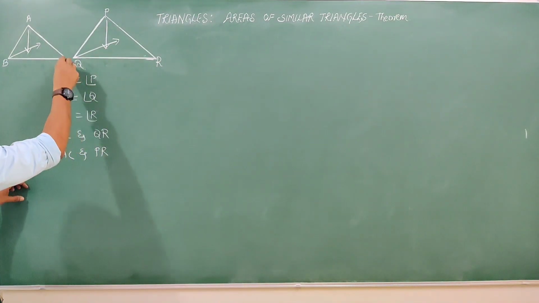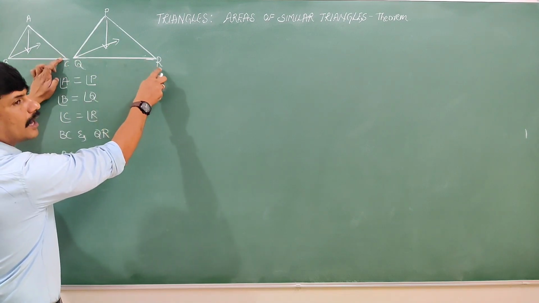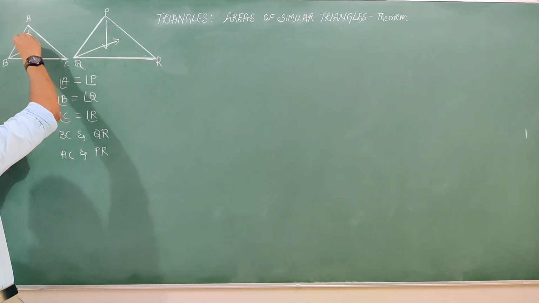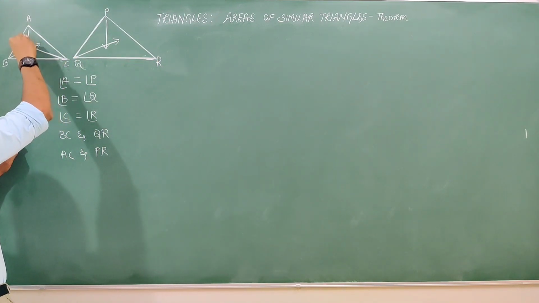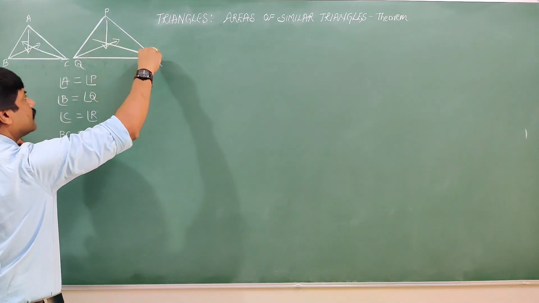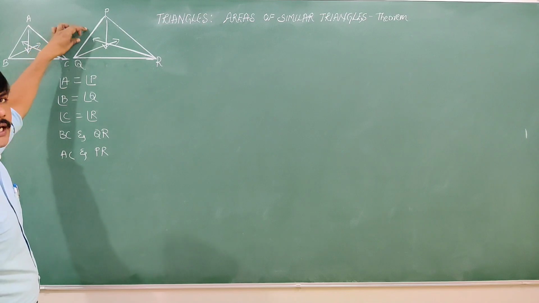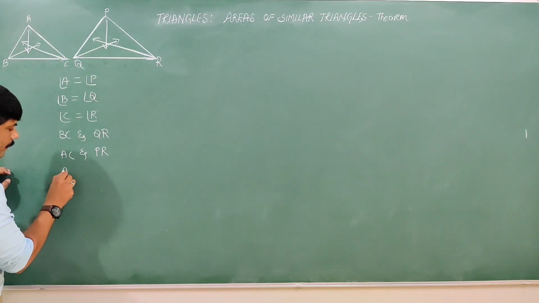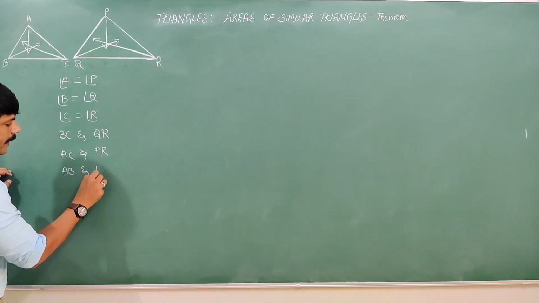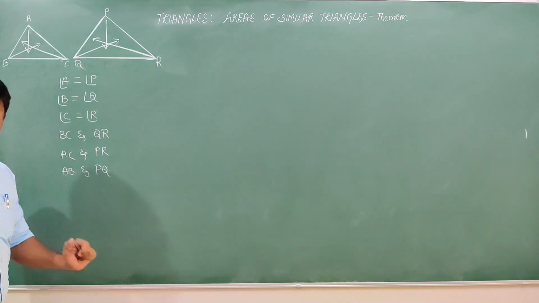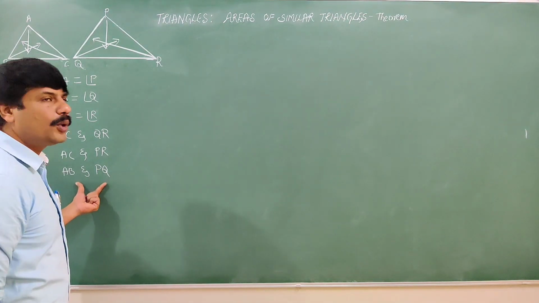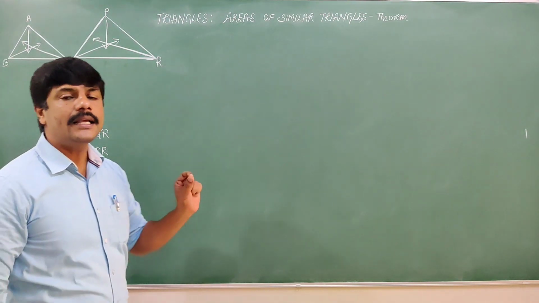Next, what is left? Angle C and angle R, the corresponding angles. Opposite to that lies side AB and side PQ. Therefore, AB and PQ are corresponding sides.